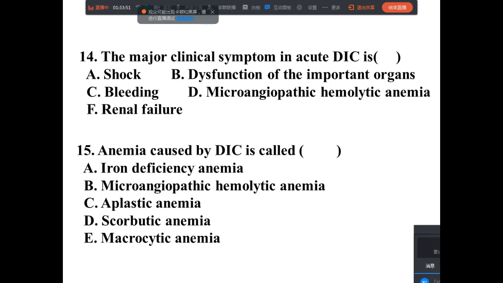Acute DIC. Now bleeding. The anemia in DIC is called MAHA, microangiopathic hemolytic anemia.